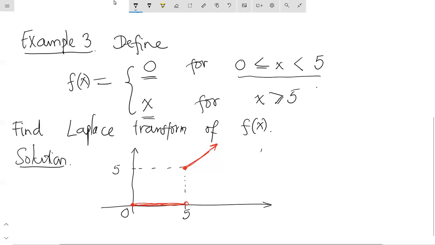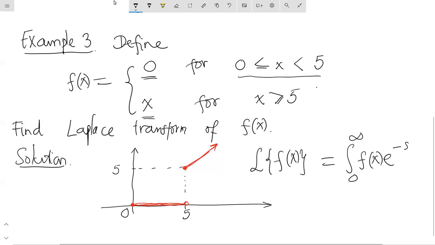But in any case, we can compute the Laplace transform by first writing down the integral from 0 to infinity of f of x e to the minus s times x dx. Now we can look at the formula for the function. Between 0 and 5, f has one formula, and between 5 and infinity, f has a different formula.